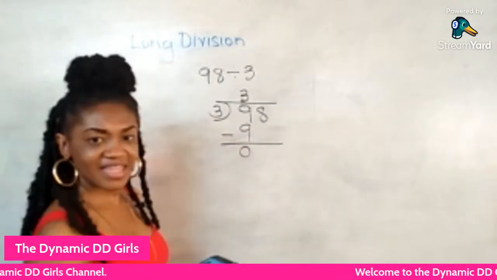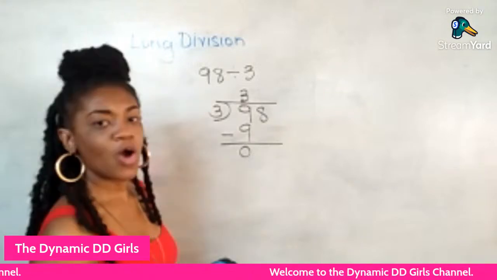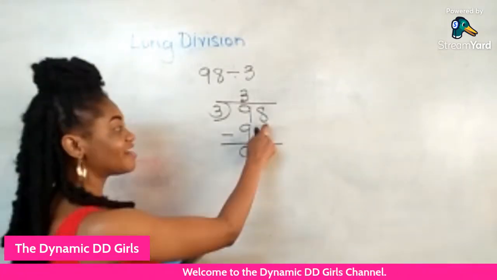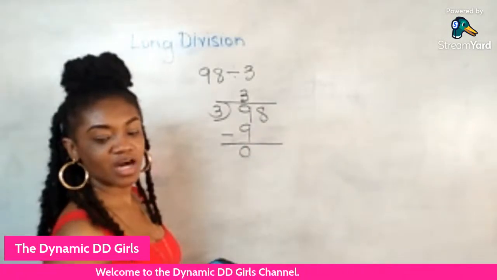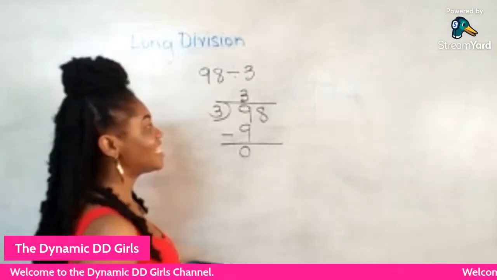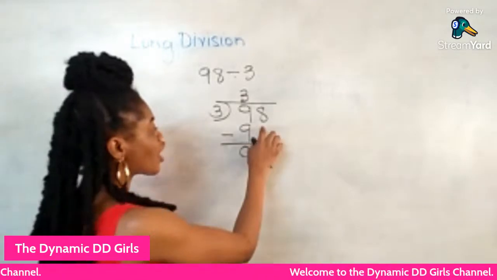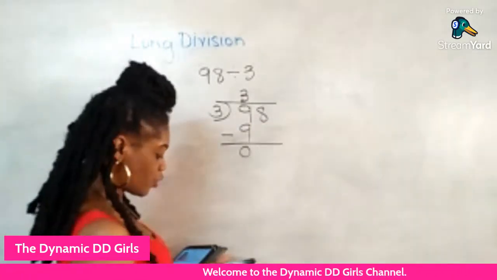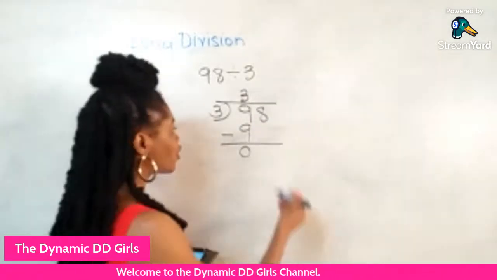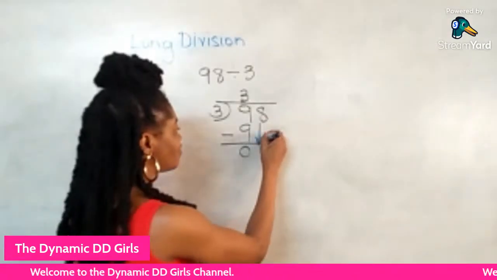But this problem is not complete. Why is it not complete? Because we still have a next digit in line. So because we have a next digit in line, the next thing we have to do is that we are going to bring down. We're going to carry down. So we have this 8 and we're going to carry it down beside this 0.